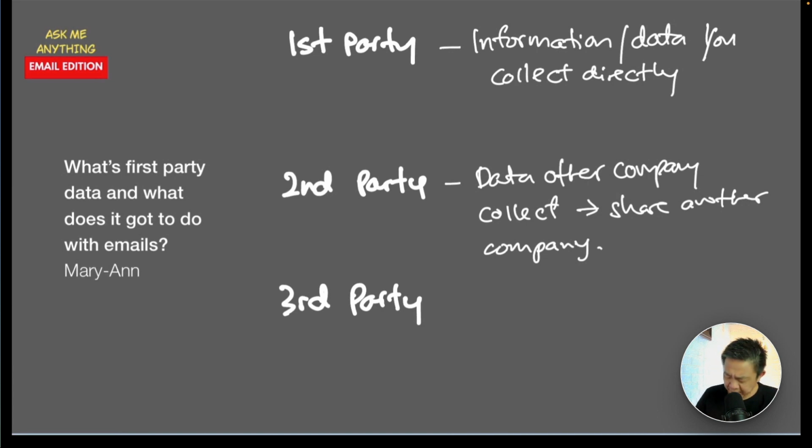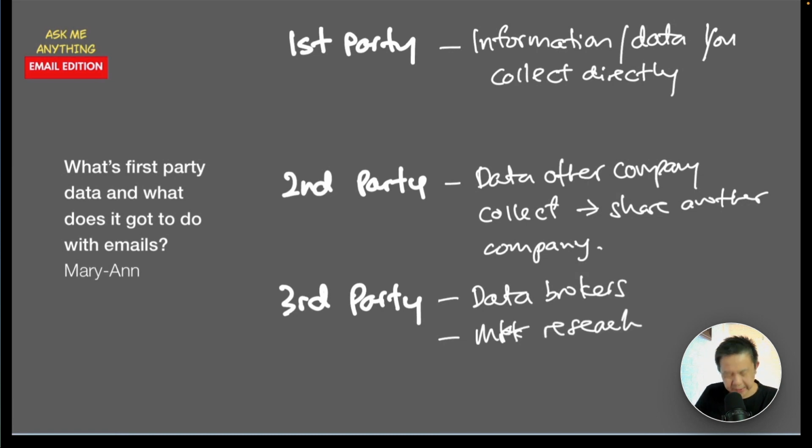Okay. And finally, third party data are those coming from, let's say, data brokers or market research firms. So they go out, they collect information, or they collect data from other sources. For example, let's say they go to LinkedIn, go to Facebook, and look at the trends, for example, for users on LinkedIn and Facebook.